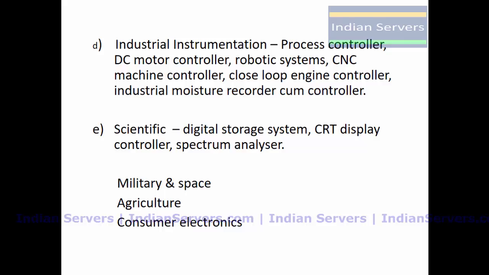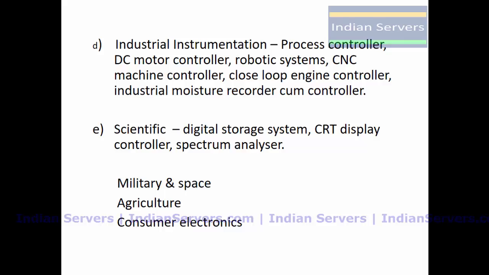And coming to research side, embedded systems are also playing a major role. If you see military and space, you can find embedded systems, mainly in military they are used to detect the bombs and target the enemies, and also in space every satellite is made using embedded systems.